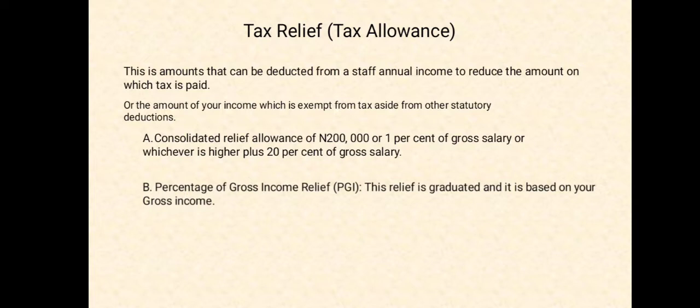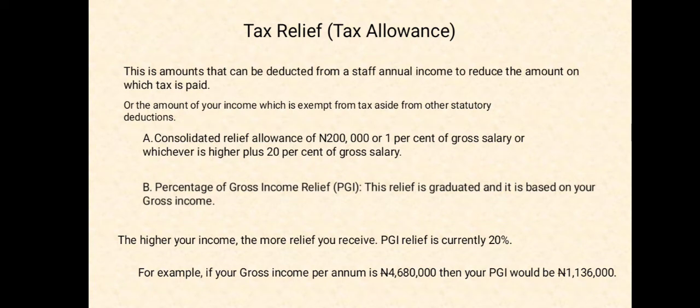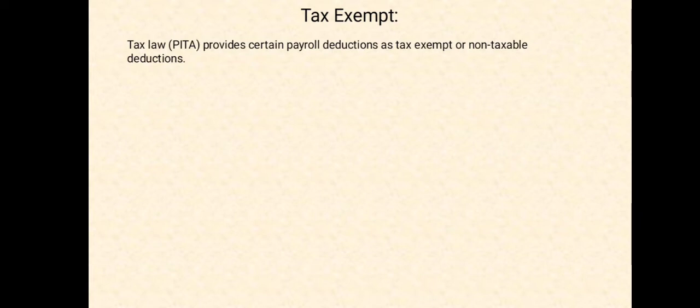This relief is graduated and it is based on your gross income. The higher your income, the more relief you receive. PGI relief is currently 20%. For example, if your gross income per annum is 4,680,000 naira, then your PGI would be 1,136,000 naira.